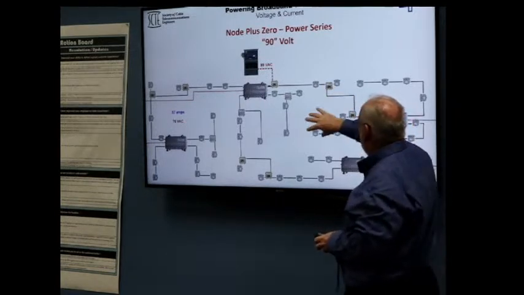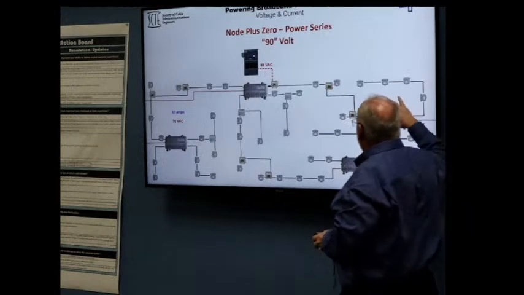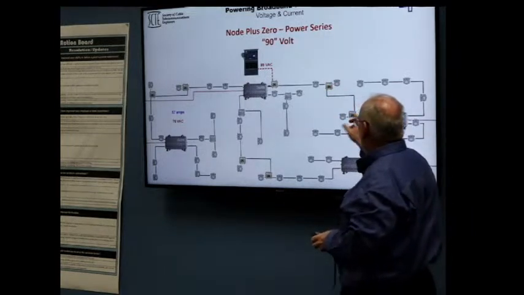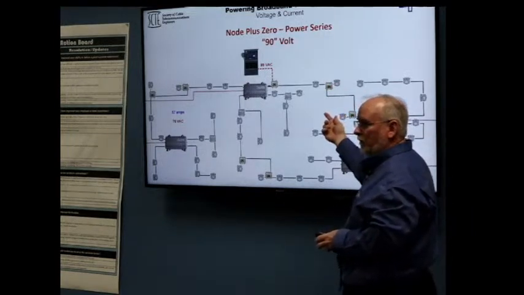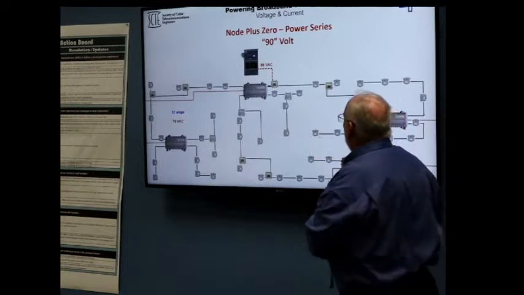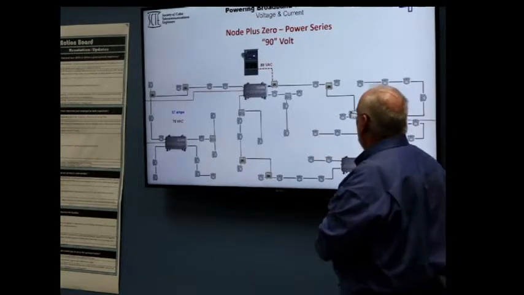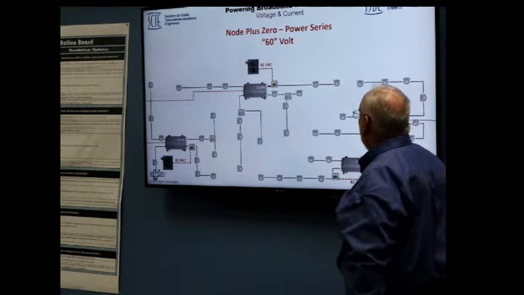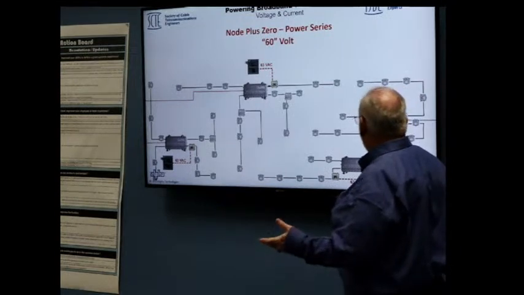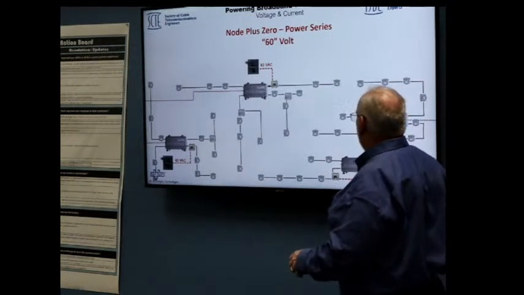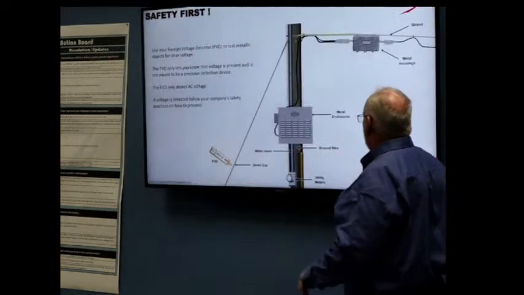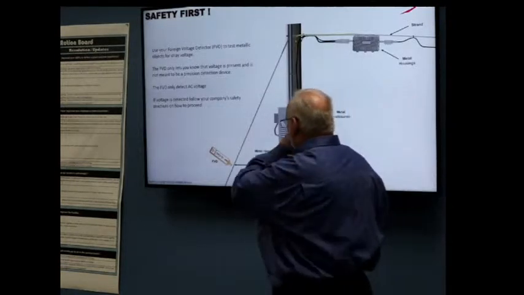But now, rather than the RF going in this direction, it's actually going in that direction. So these taps you flip. But this is a simple upgrade to a node plus 0. And again, node plus 0, a 60 volt plant, lots of power supplies. 90 volt plant, you don't.